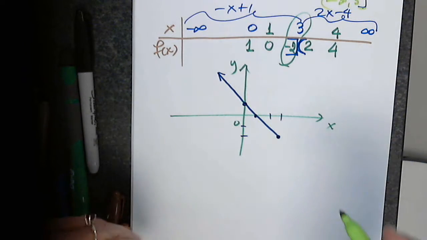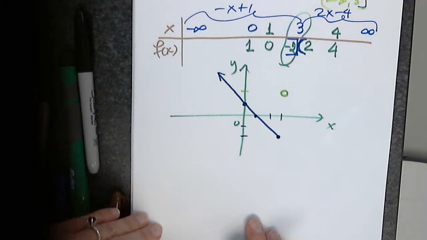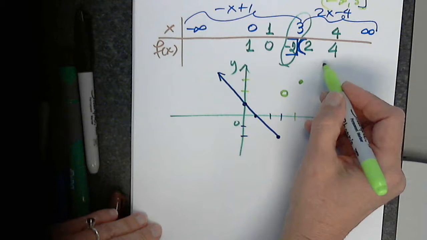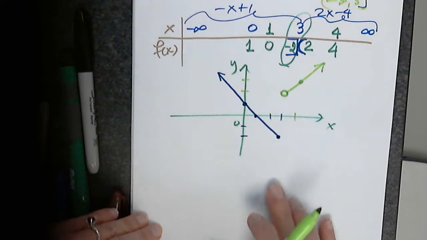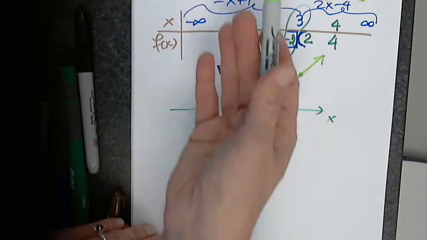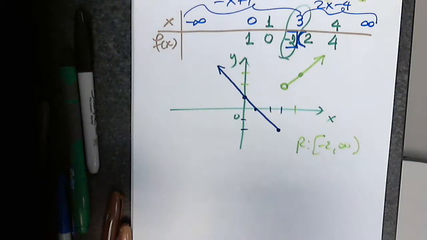And then (3, 2) is this point, but it will be an open point. And then (4, 4) will be a full point. And this is it. To identify the range, you go from the lowest y value to the largest y value. So the range is from negative 2 to infinity.